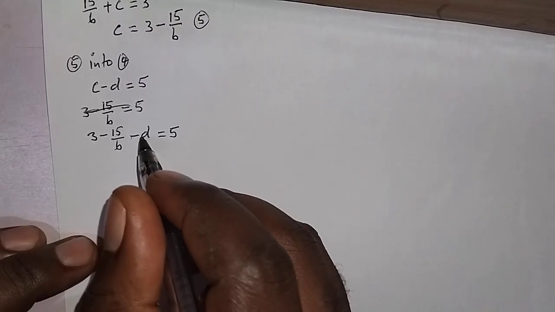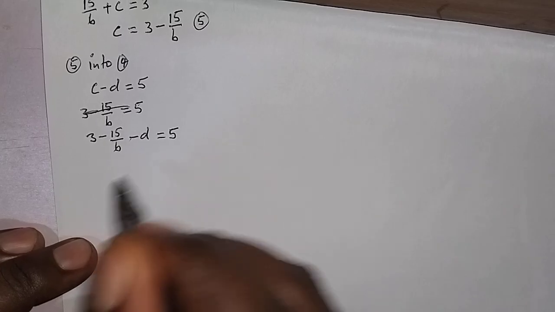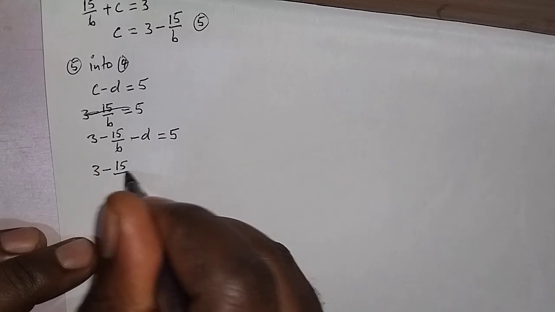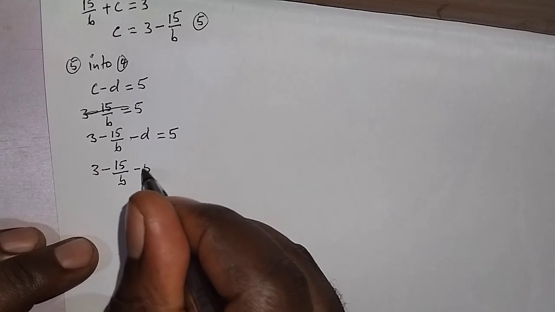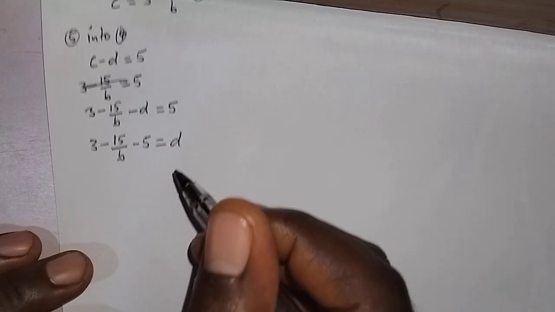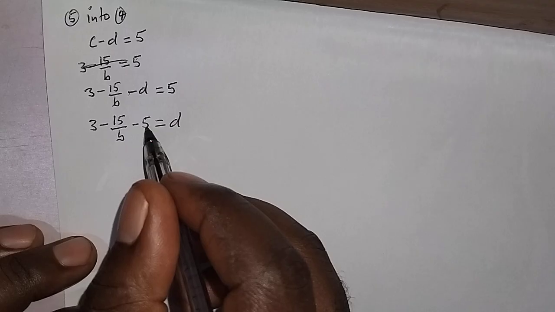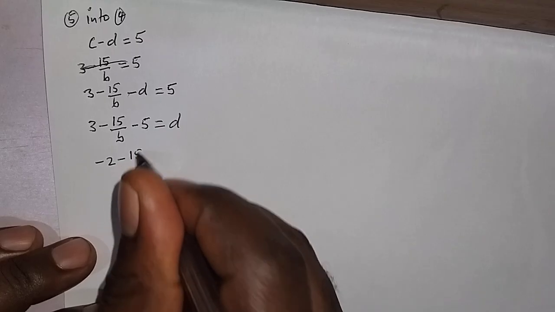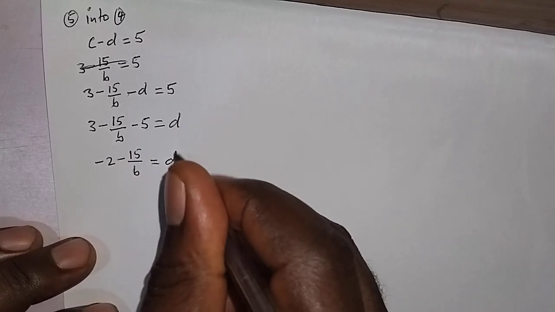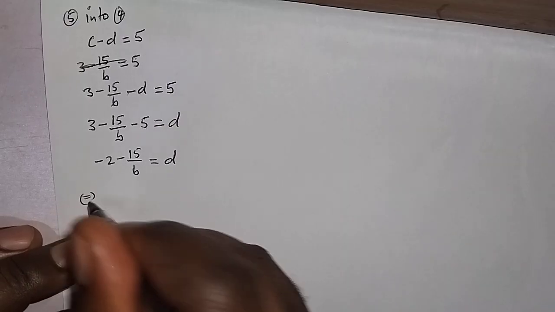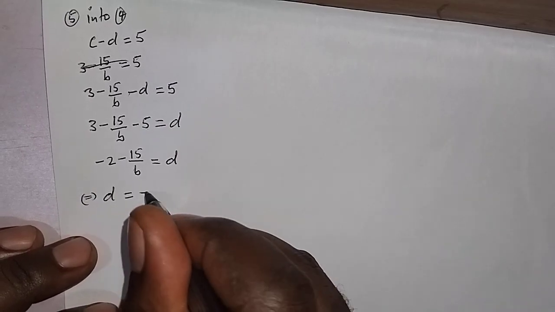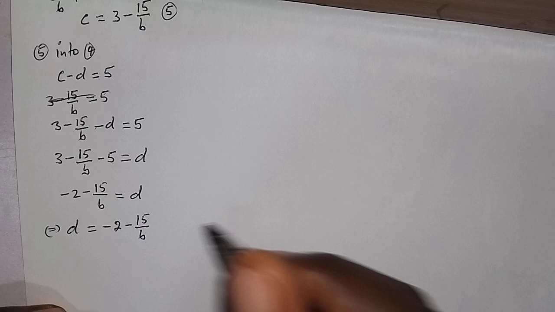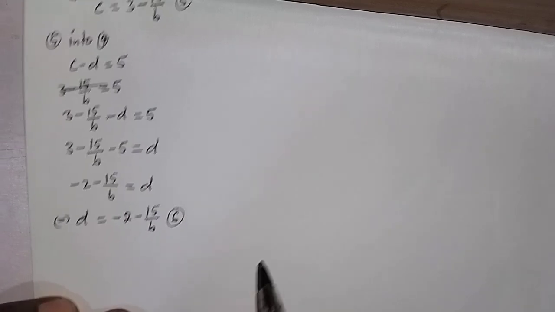So we put this D on the right and the 5 on this side. 3 minus 15 over B, then minus 5 is equal to D. 3 minus 5 is equal to minus 2. So minus 2 minus 15 over B is equal to D. This is the same as D equal to minus 2 minus 15 over B. This is equation 6.